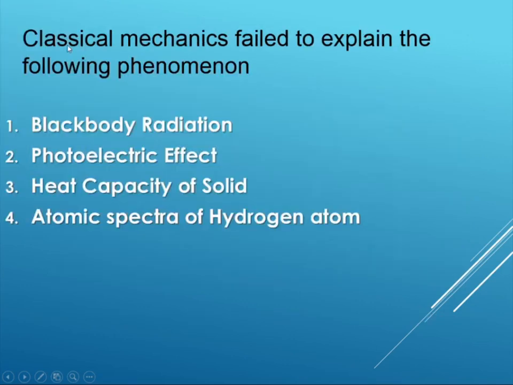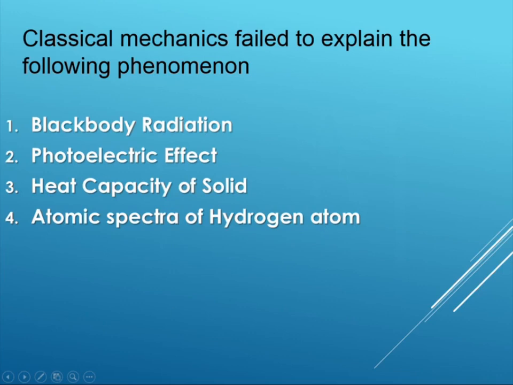Now see here, classical mechanics fails to explain the following phenomena. Number one, black body radiation. Number two, photoelectric effect. Number three, heat capacity of solids. And number four, atomic spectra of the hydrogen atom.